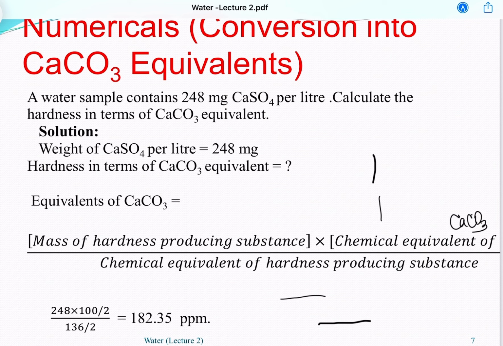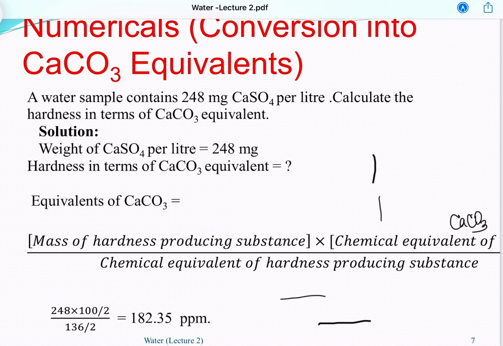Now the values are given here. Mass of hardness producing substance is 248, into 100 by 2, the chemical equivalent of calcium carbonate, divided by the chemical equivalent of hardness producing substance, which is 136 by 2. When you solve it, you will get 182.35 ppm.